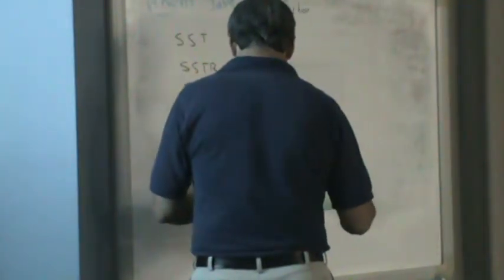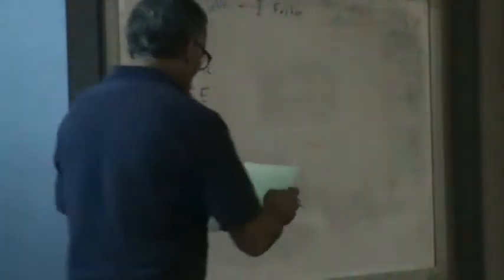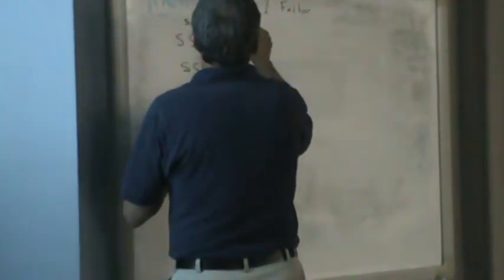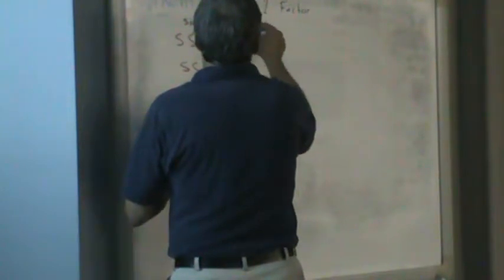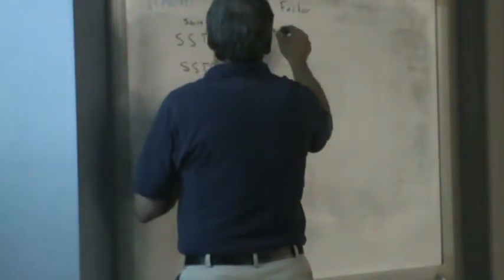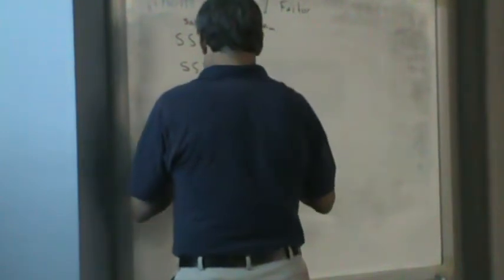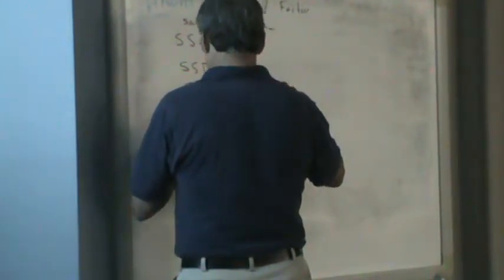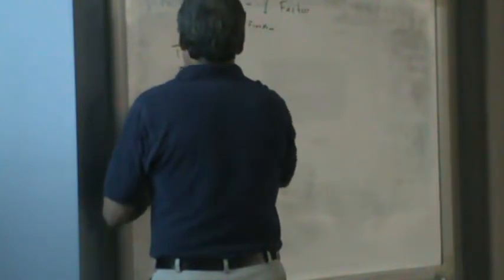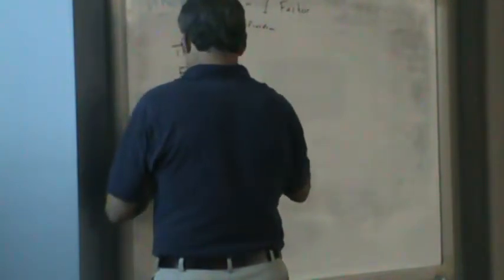And then okay, so this is the source. It's going to have the degrees of freedom. This will have n minus 1. Sorry, in the table, it's going to be written backwards: treatments, error, total.